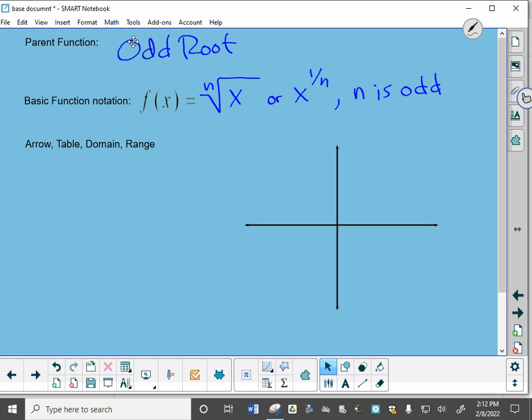So, for our arrow, we'll describe this one. We'll go empty set of parentheses to the 1 over n. We did it the other way on the last one, so we'll just throw it in there this way on this one. And this time we can legitimately start at negative infinity.